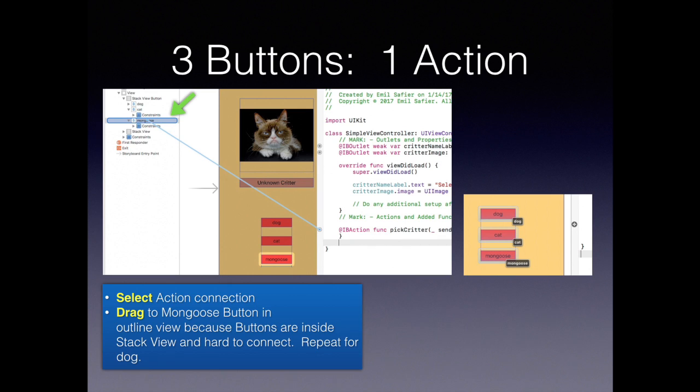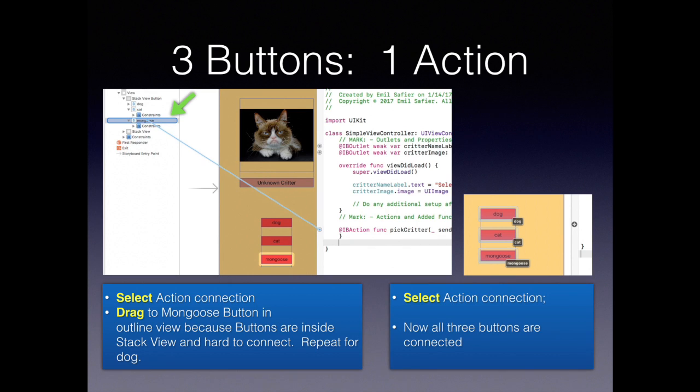And when we do that for all three, we'll essentially have a connection from all three buttons to that single action. So now we have a function that can respond to a press on the button, and that press will send a different button to that.